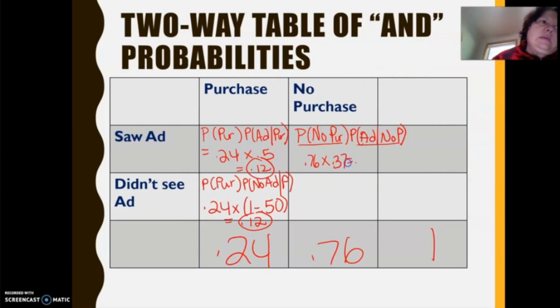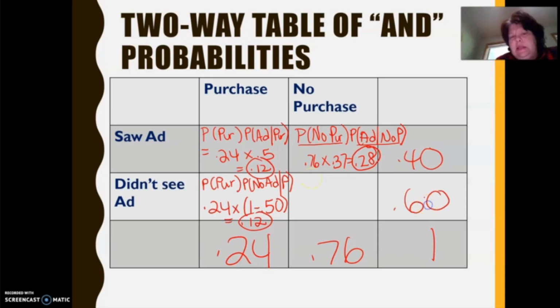And that is 0.28. So now I can sum across the top row, get 0.40. I know the second row must sum to 0.60 then to add up to 1. So the one on the lower right corner, you can either say 0.60 minus 0.12, or you can say 0.76 minus 0.28. Whichever one you do, you're still going to get 0.48 there.